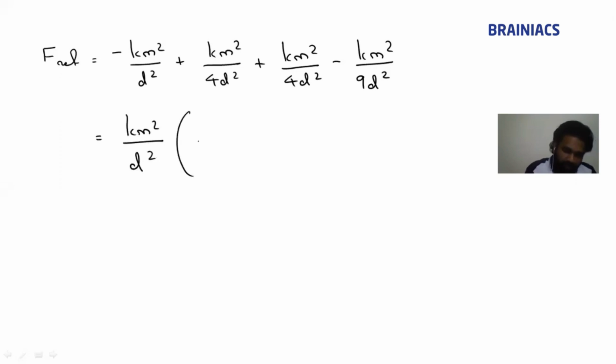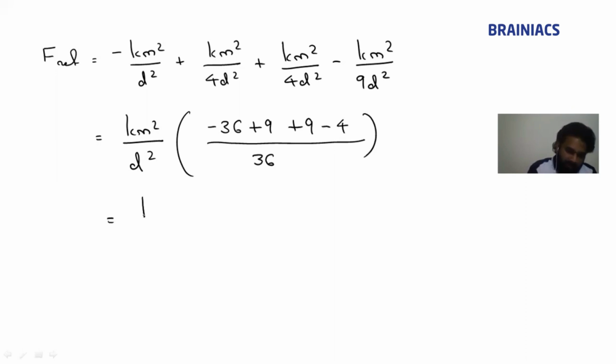We take the LCM, which is 36. So minus 36 plus 9 plus 9 minus 4. We get K M square divided by D square into minus 40 plus 18, so minus 22 divided by 36.